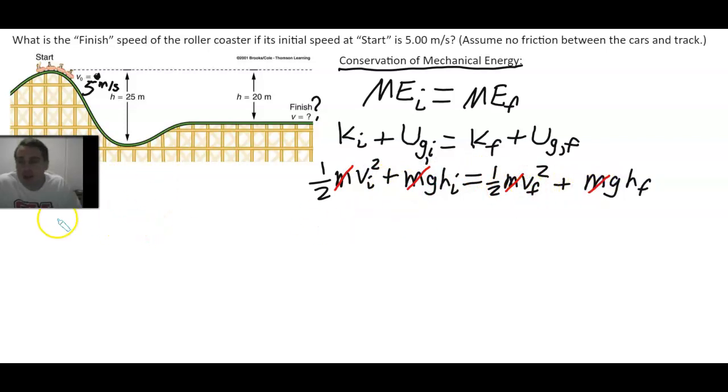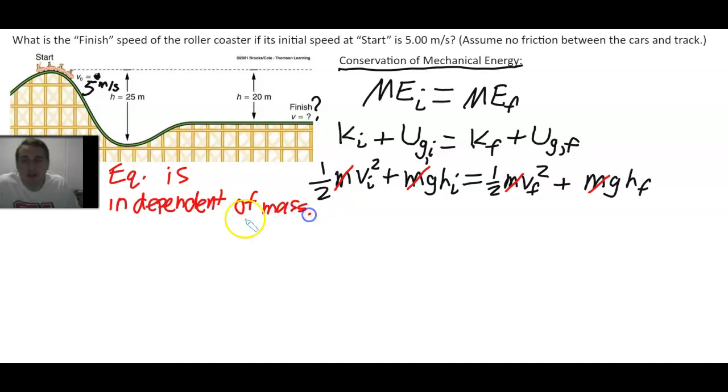So I'll write that this equation is, and remember, whenever an entire value drops out, independent of mass.